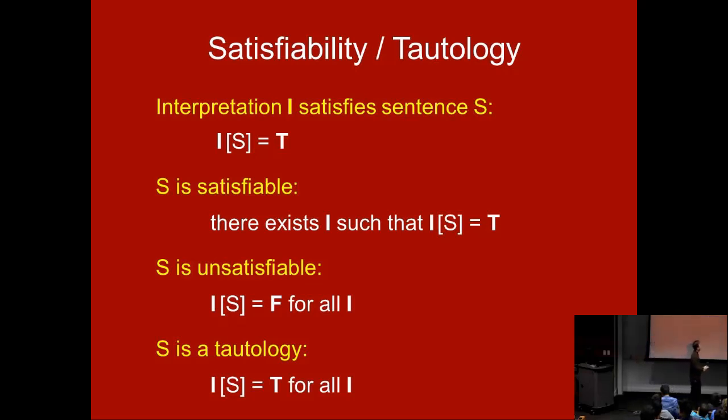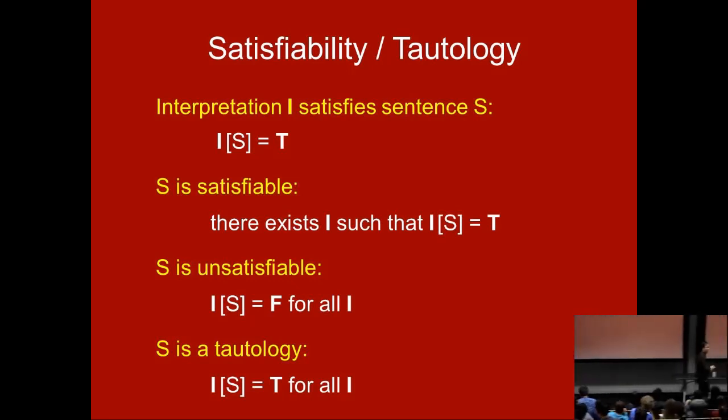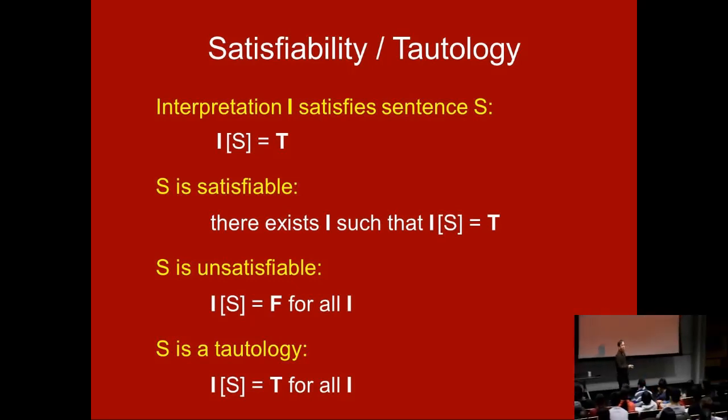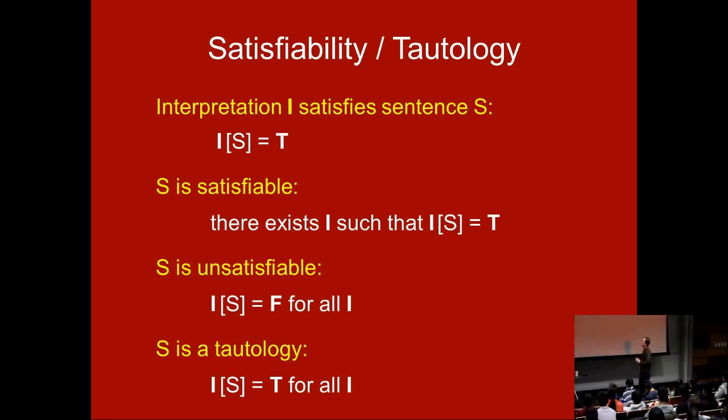Okay. So next thing we want to talk about is the same concept from last time in propositional logic, satisfiability and tautology. We're going to have basically the same definitions. An interpretation I, as we saw three interpretations before, satisfies a particular sentence S if it makes it true. We say that S is satisfiable if there is an interpretation that makes it true.